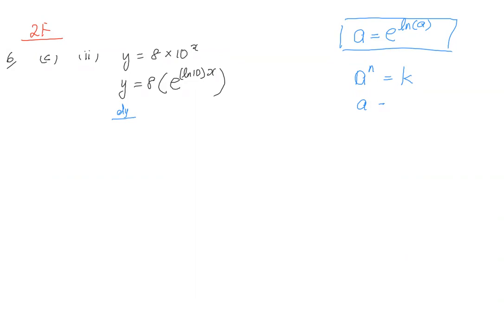Why I put a to the power? Okay, never mind. No, I'm wrong. I want to write this as this form. Am I right? So what I do is, hold on. Okay. I do it like that. The other way now.